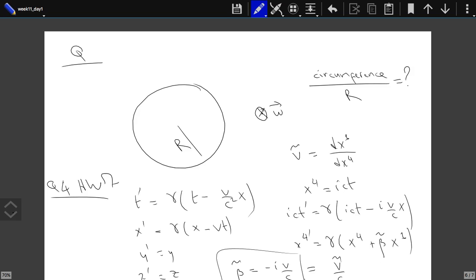So psi prime of x prime, y prime, z prime will be equal to psi of x, where x is x prime plus a, and y prime and z prime, the others are the same. Let me do a Taylor expansion now.